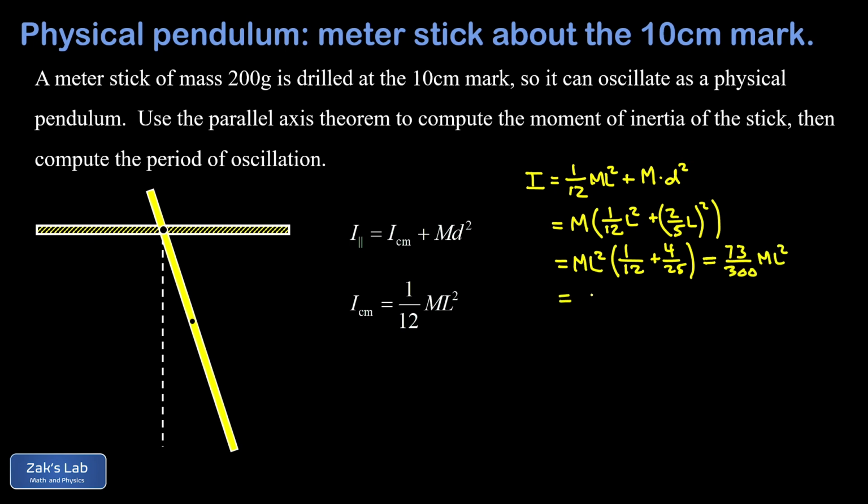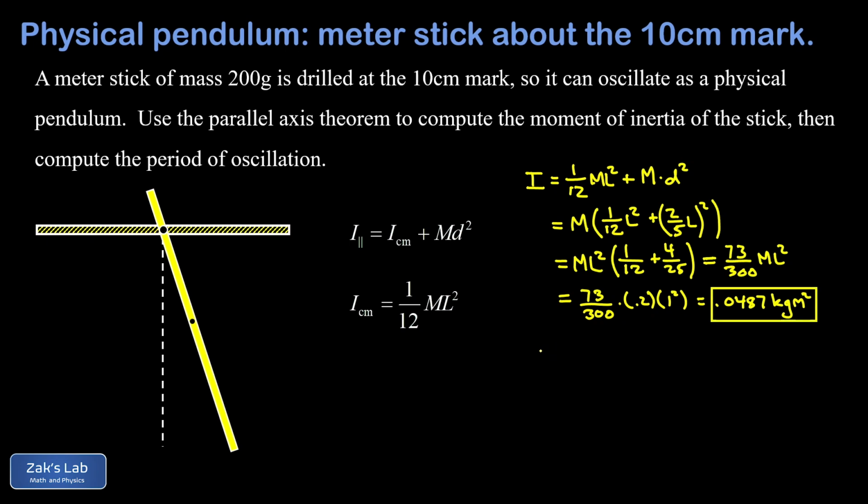What I really wanted here was just a decimal approximation, so let's plug those numbers in. My mass was 0.2, my length was 1 meter, and that was a 300 down there. To three significant digits, we get an approximate moment of inertia of 0.0487. And the units of moment of inertia, recall, are kilogram meters squared.